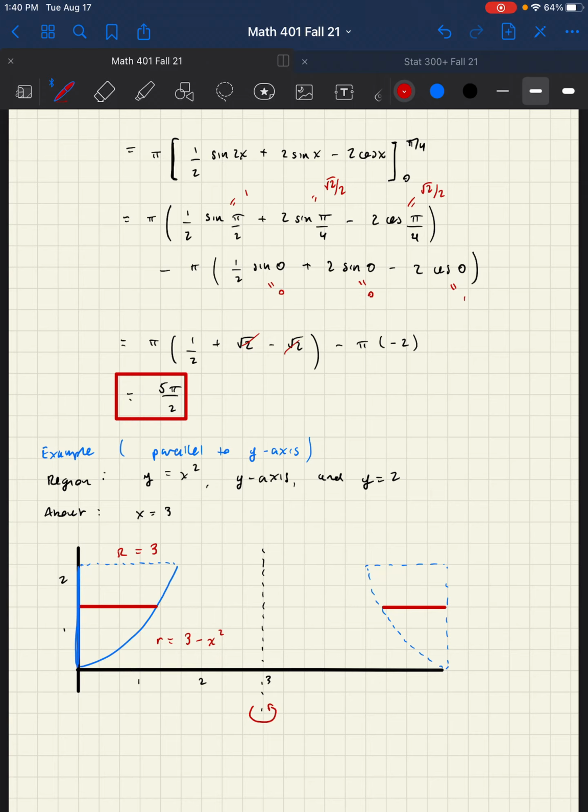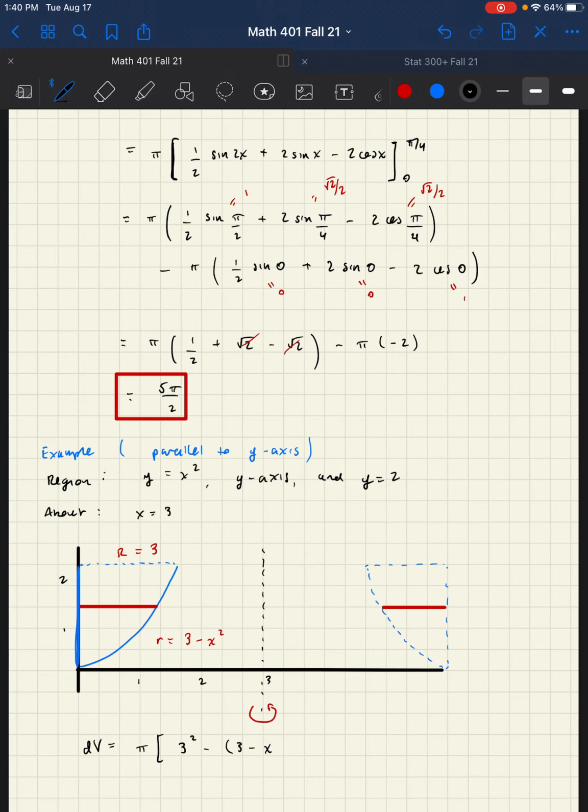And it's 3 minus x squared because when you're looking at it, you really want to be looking at it in terms of the x-axis becomes your y-axis, sort of. So the axis of rotation is actually above the region that you're rotating.